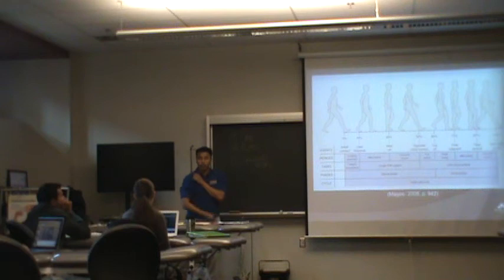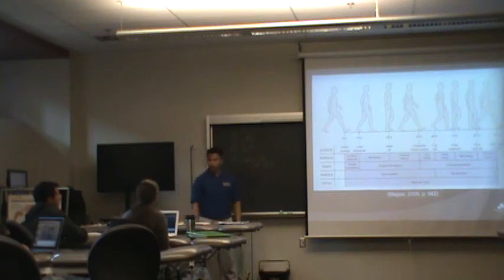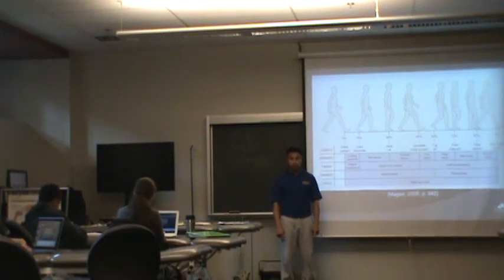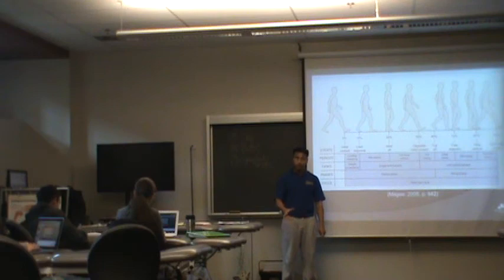What's the difference between walking gait and running or jogging gait? When does it become a jog? Two feet are in the air. If one foot is on the ground at least, it's walking.